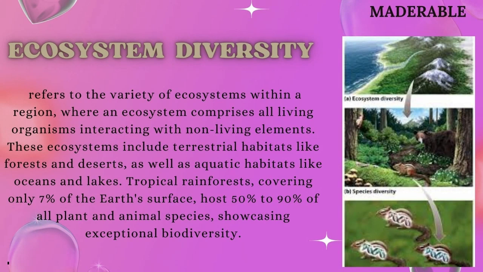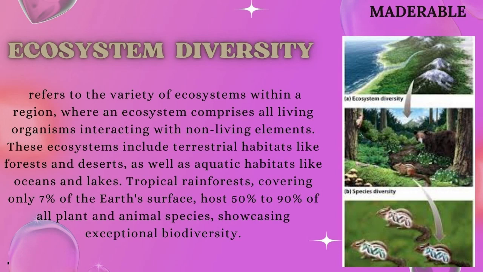Ecosystem diversity encompasses the variety of ecosystems in a region, where ecosystems consist of living organisms interacting with non-living elements. This diversity includes terrestrial habitats like forests and deserts, as well as aquatic habitats, such as oceans and lakes.